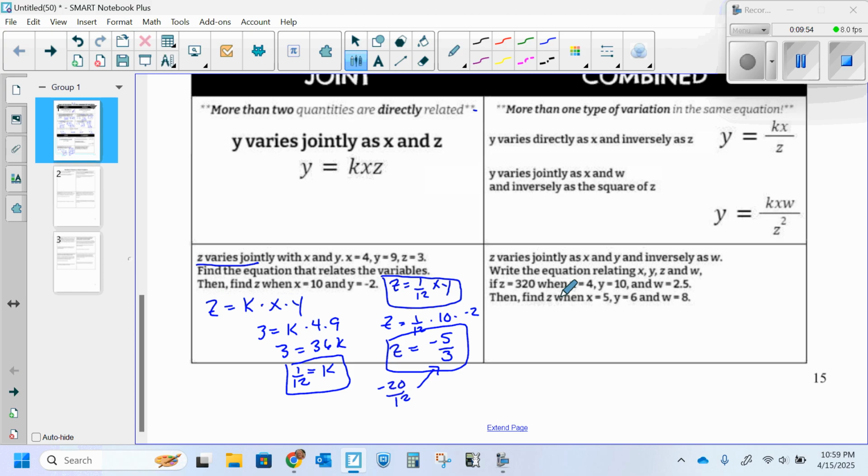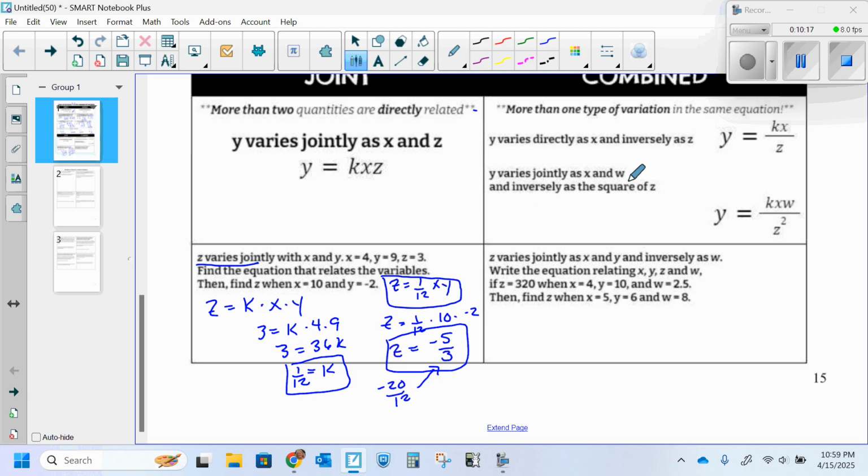Z varies jointly. Now we're talking about something that has more than one type of variation. So joint is where you have direct variation throughout the whole thing, but when it's combined variation, we're looking at both direct and inverse.